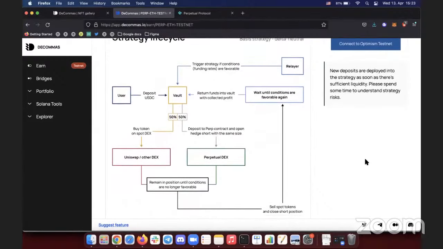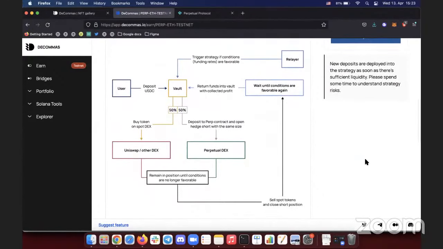This strategy is suitable for long periods of positive funding rates. That's why right now it's in waiting mode, I would say. But that's the great beauty of it, that you don't have to monitor it yourself. It works automatically. It sees that over the last 7 days the funding rate was not appropriate to run the strategy, so it waits.